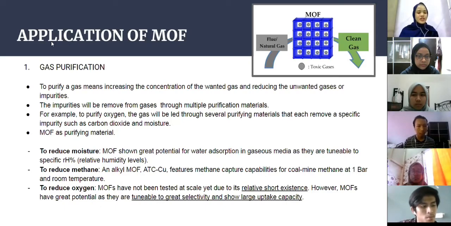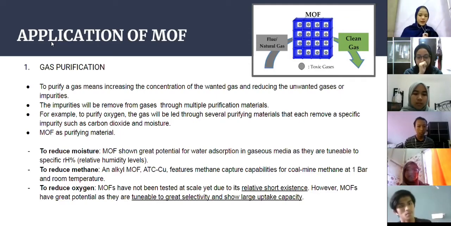Next, to reduce methane, an alkyl MOF, ATC-Cu, features methane capture capability for coal mine methane at 1 bar and room temperature. This means that this MOF can capture methane from the coal mine.